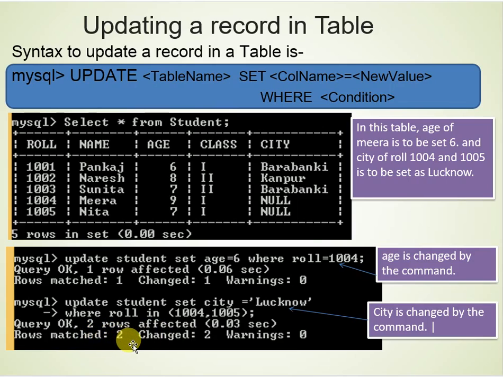Query OK, 2 rows affected. That means we have updated the city to Lucknow for the roll numbers 1004 and 1005. Am I clear to everyone?